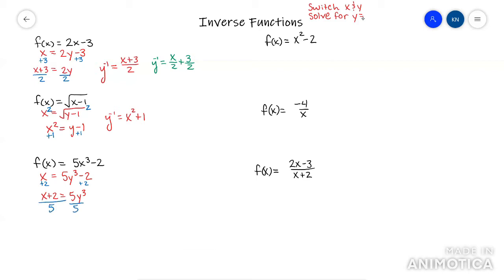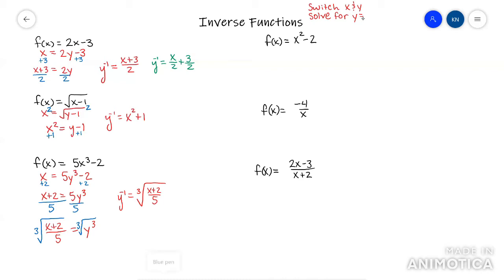So now it looks like x plus 2 all over 5. And again, remember, you can break that up if you wanted to, but that equals y cubed. Now to cancel a cube, you have to cube root it, like so. So my answer here would be, my inverse is the cube root of x plus 2 over 5, like that.